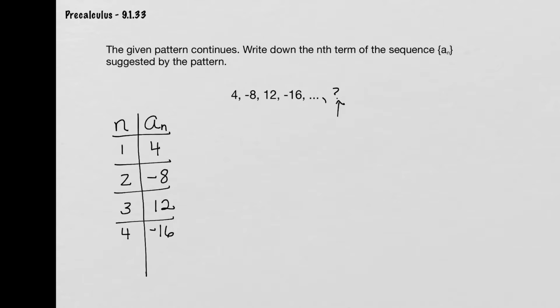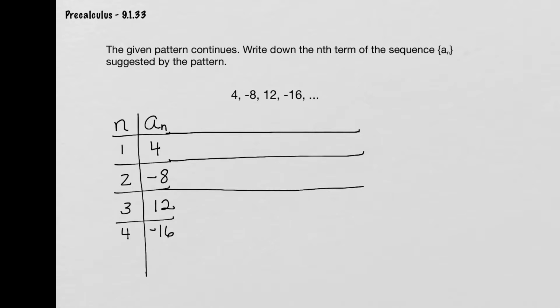So now what I want to do is try to figure out what exactly the pattern is to these numbers. The first thing that I notice, and this really stands out here and happens in a lot of problems, so you want to have this technique in your pocket, is that the signs are alternating.